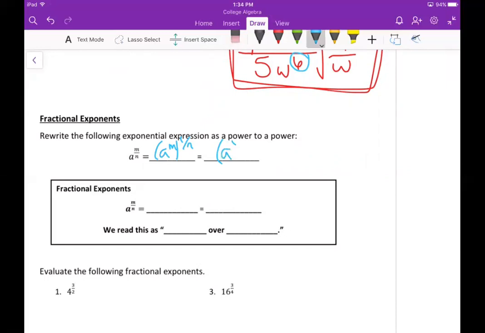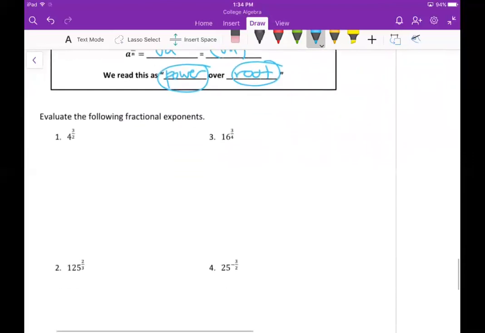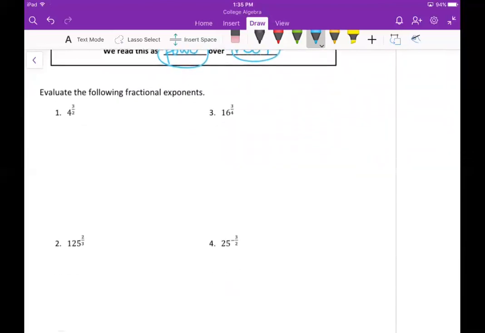Or you can think about the root and then the power. It doesn't matter how you think about it, okay? But we have the same thing here, the nth root of the base to a power, or the nth root of the base to the power. What you want to realize here is that if you have a fractional exponent, it's just the power over the root. Power over root. So we can have all kinds of fractional exponents like 4 to the 3 over 2.